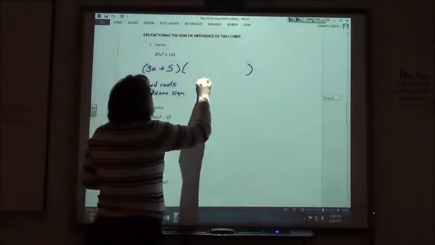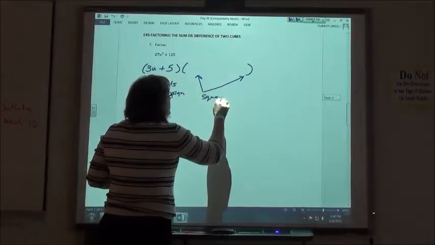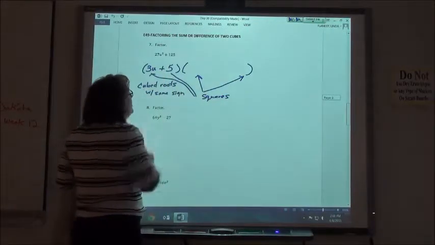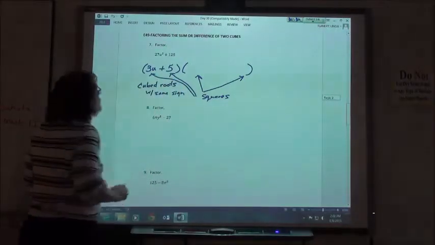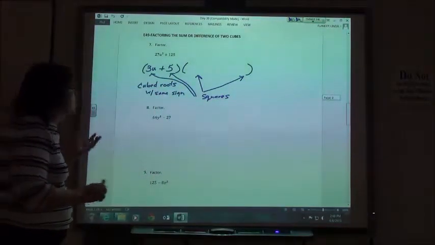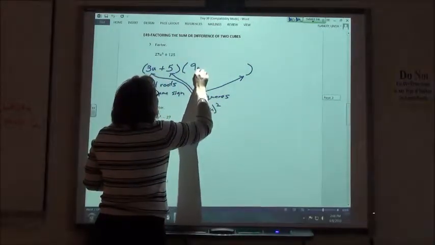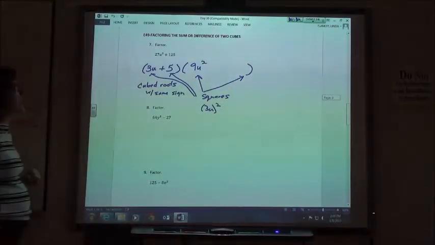Now, I am going to do the squares of these numbers here. So, the first one is the square of the first one. If I take 3u and 3u, I get 9u to the second power. Right? 3u and 3u is 9u squared.